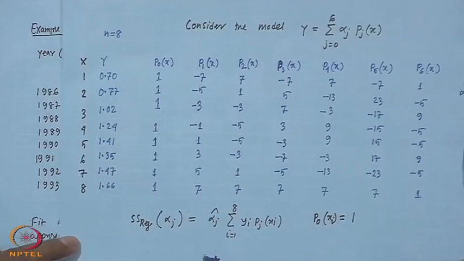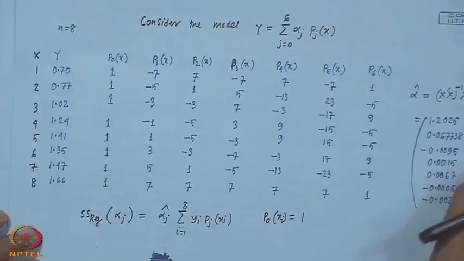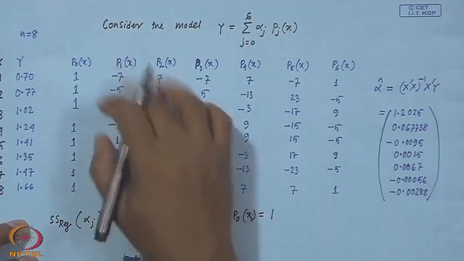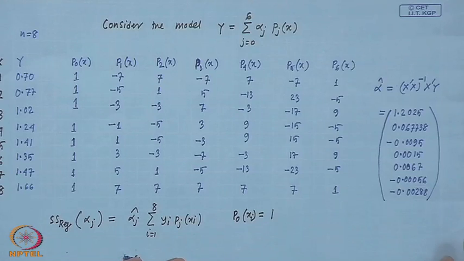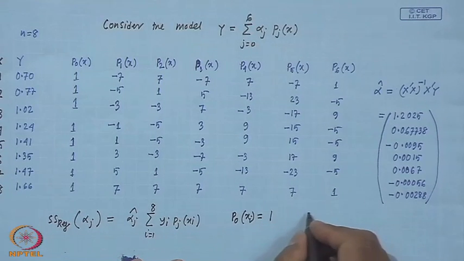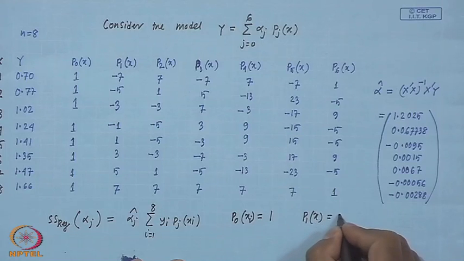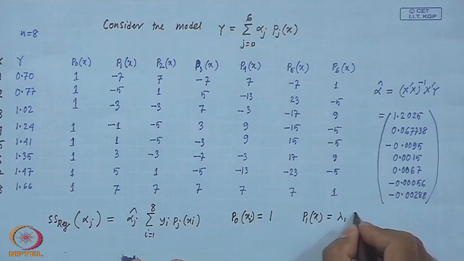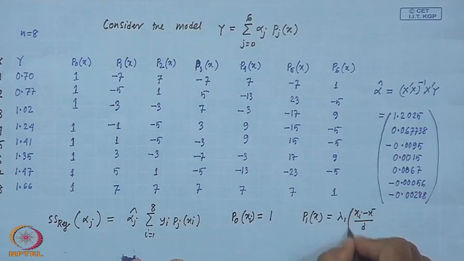Now, p 1 x, which is the orthogonal polynomial of order 1, if you can remember, is equal to lambda 1 times (x i minus x bar) by d. This is what p 1 x is, and I explained this in the previous class also.